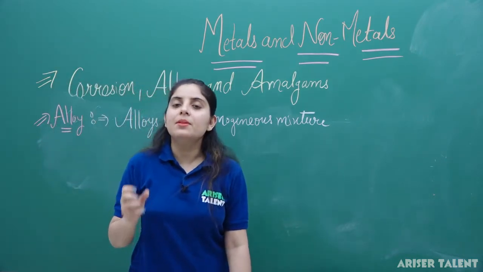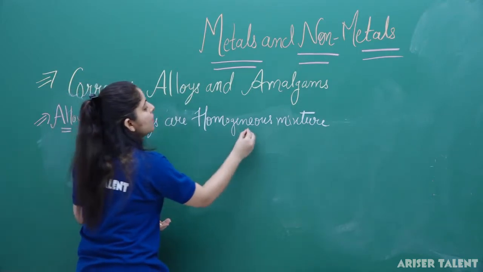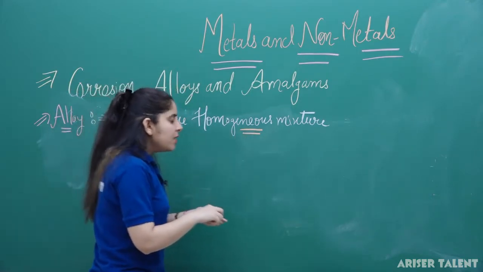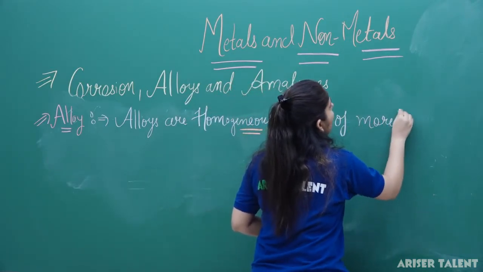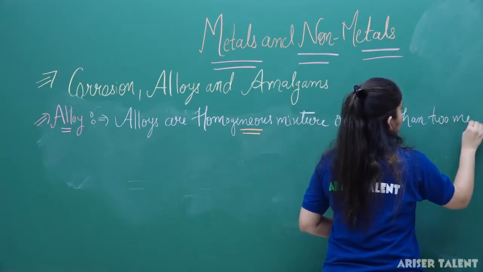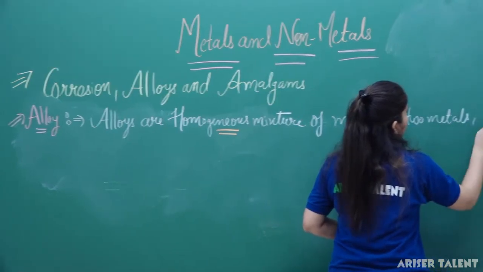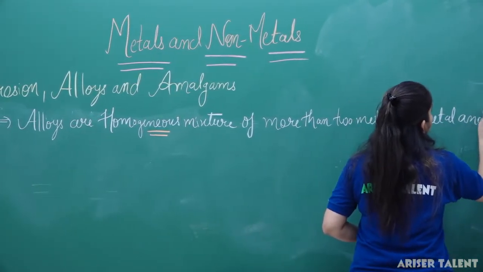Homo means same. It means they have the same category of elements present in them. So, alloys are actually the homogeneous mixture of more than two metals, or a metal and a non-metal.